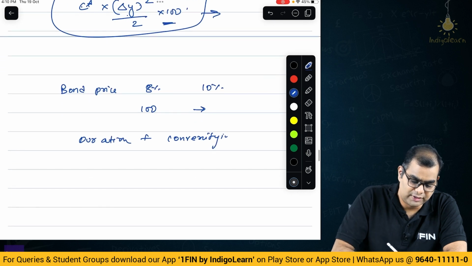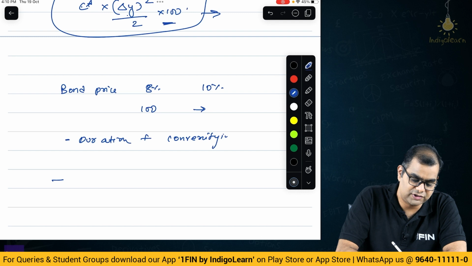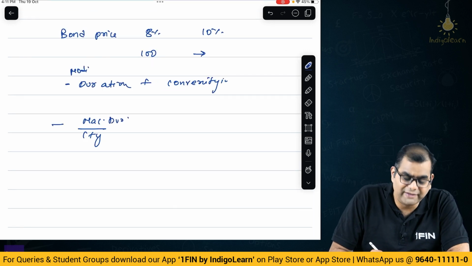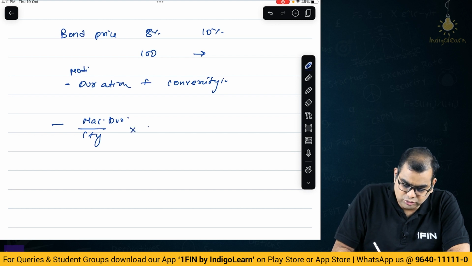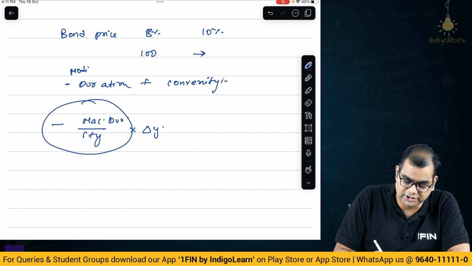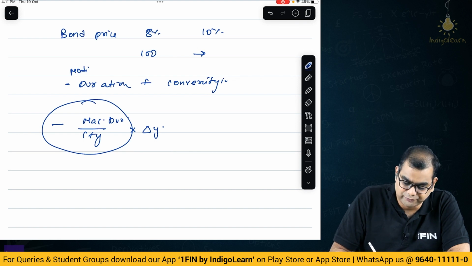Duration here refers to modified duration: minus Macaulay duration by 1 plus y, which is what you get as modified duration, into the change in yield. This is a generic formula for 1%, so you have to see what the exact change in yield is that you are looking for.